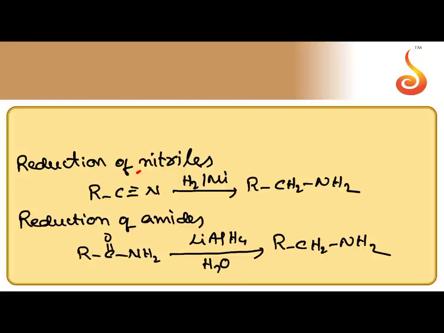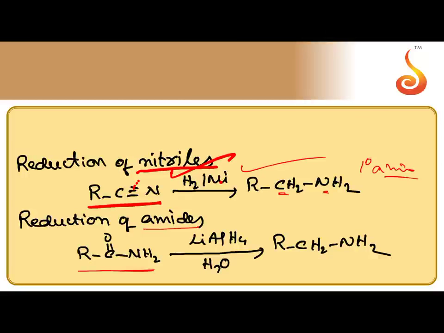Next, coming to the preparation methods from nitriles, reduction of nitriles. RCN, when it is reduced with hydrogen in the presence of nickel, 2 pi bonds are broken and 2 hydrogens at carbon, 2 hydrogens at nitrogen added, we can get 1 degree amine. Reduction of amides, RCONH2. Reduction means addition of hydrogen, removal of oxygen, or both.